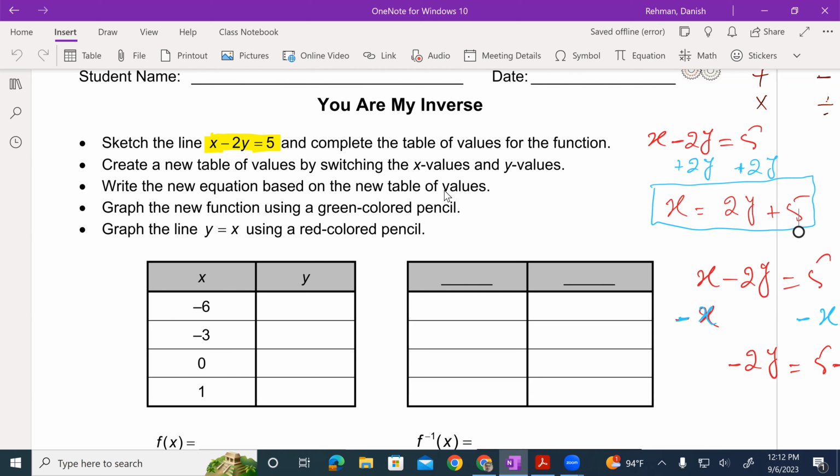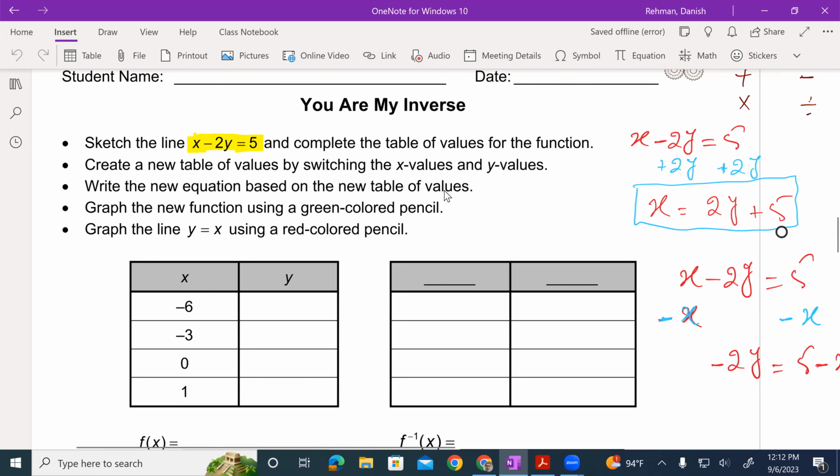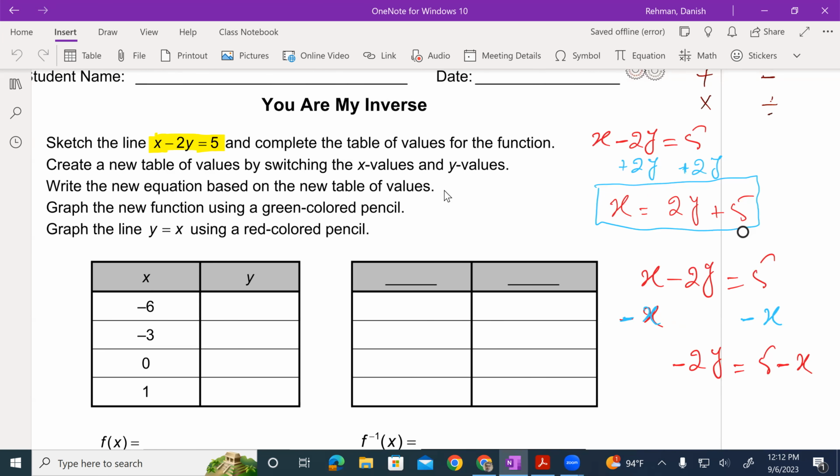Now I want to separate the y from here. What additional step is required to make y alone? Nothing should be there with the y. Let's first figure out what's the operation between negative 2 and y.